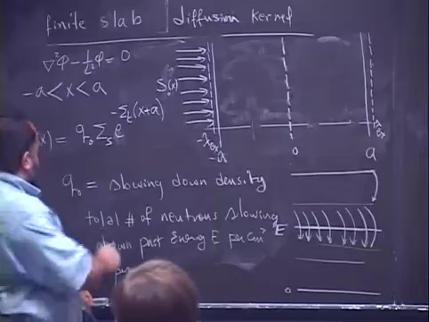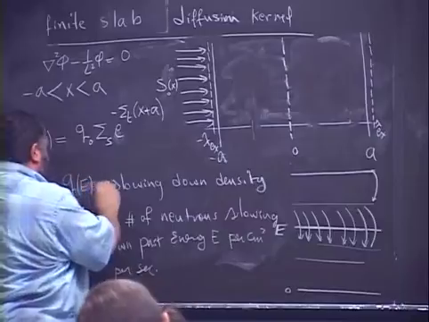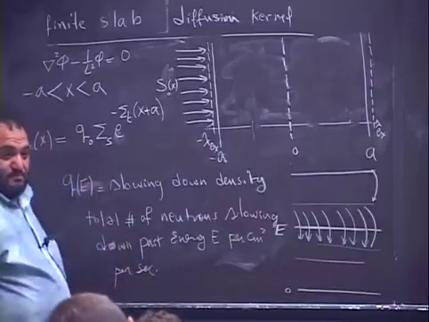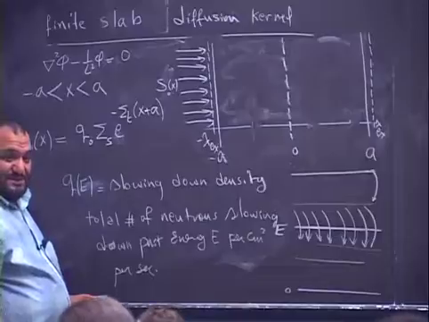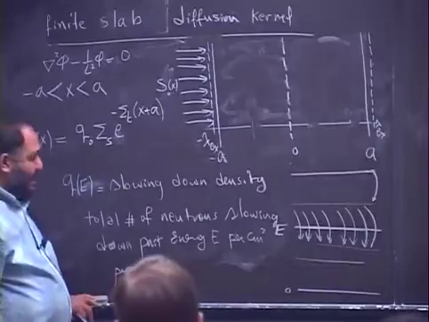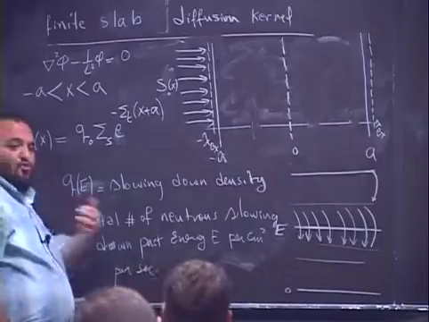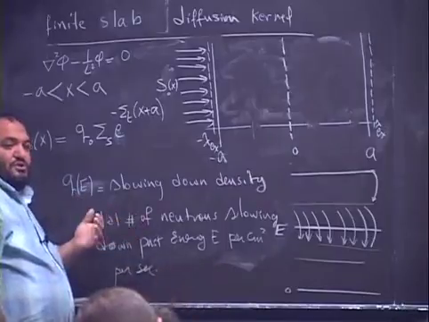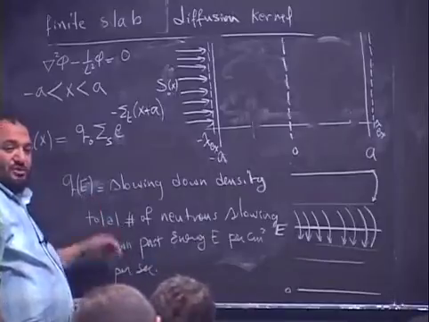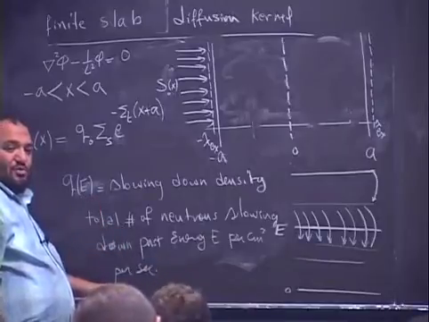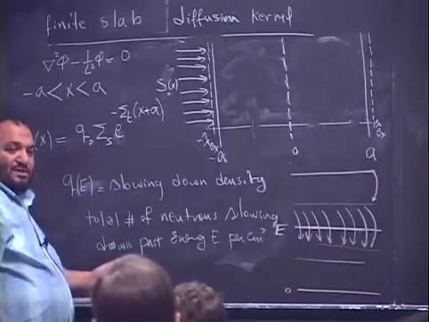Okay, but this is if I said Q of a. If I integrate this and there is no absorption and there is no leakage, this should give you all the neutrons that slow down per centimeter cube per second.